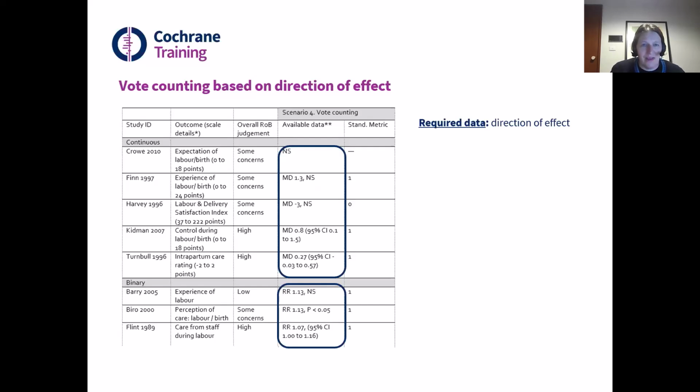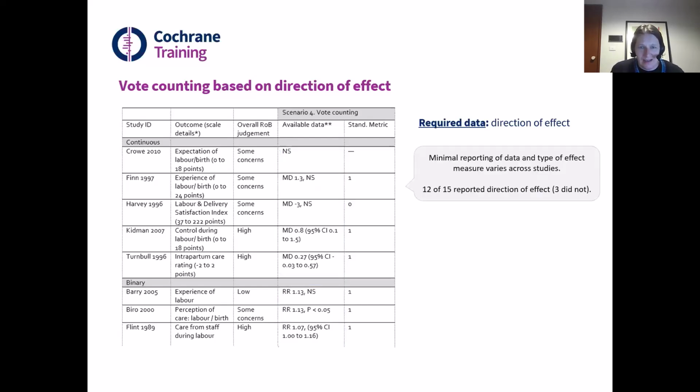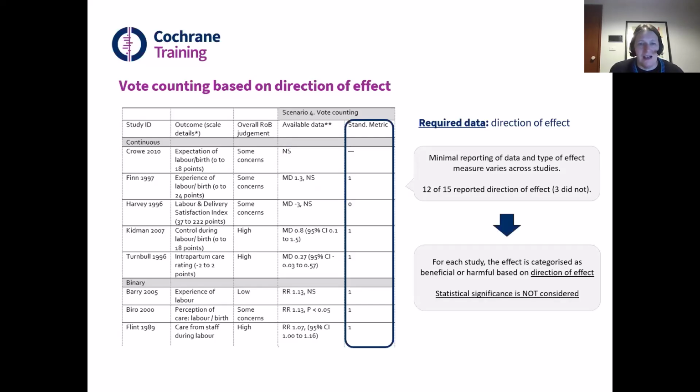So here we have the available data again, and our standardized metric now. And so the minimal reporting of data and type of effect measures varies across the studies. As I said, 12 of the 15 reported direction of effect, 3 didn't. And our standardized metric here is essentially a 1 or a 0, 1 indicating the direction is beneficial to the intervention, 0 indicating the opposite. And as I said, statistical significance is not considered.